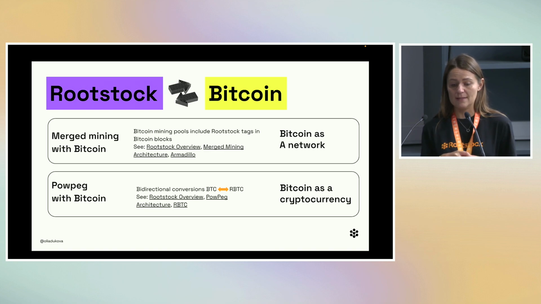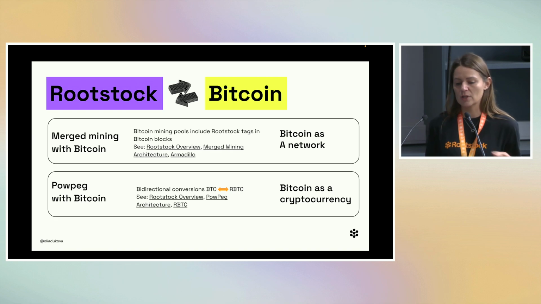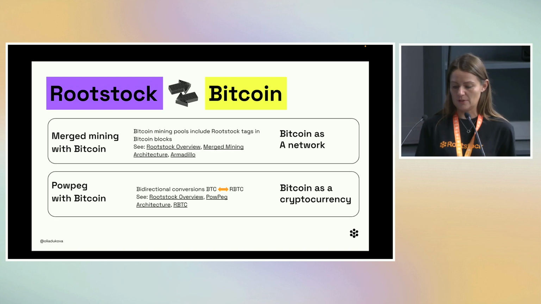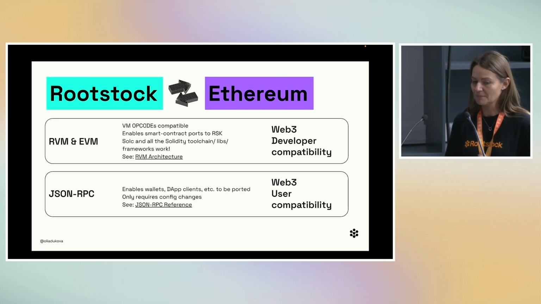It's a federation bridge secured by proof of work and HSMs. It provides bidirectional conversions between BTC and RBTC at a one-to-one exchange. Again, there's more information about it in the docs if you're interested in that kind of stuff.